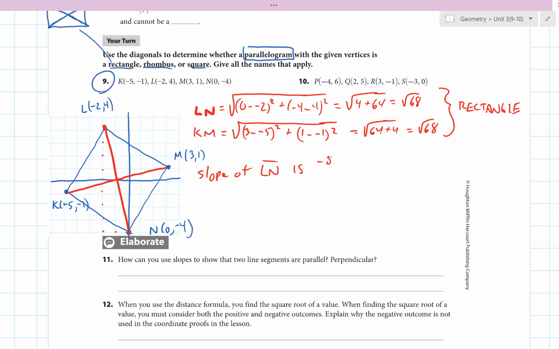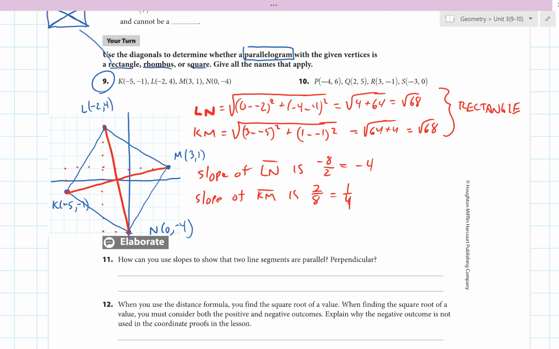Down 8, over 2, that's negative 4. And then the slope of KM is, if we start at K, we'll go up 2 and over 1, 2, 3, 4, 5, 6, 7, 8. So up 2 over 8, that is 1/4.